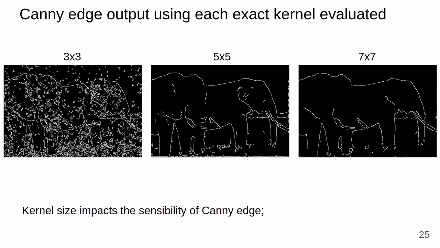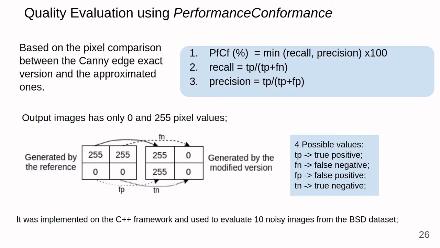To evaluate the quality of the outputs, we use the performance metric. This metric is based on the pixel-by-pixel comparison of the output from the exact KNAD and the approximate version of KNAD.